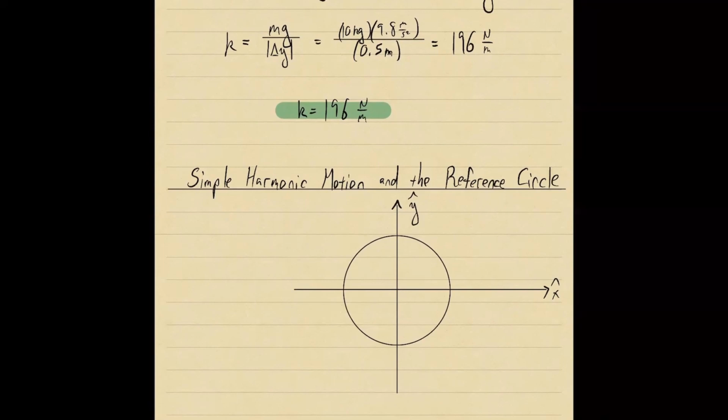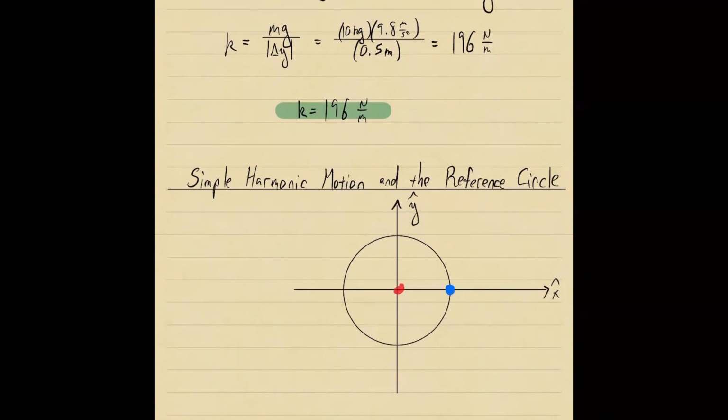And let's assume that our particle starts here, and that the x component here is our position, for example, of our spring.